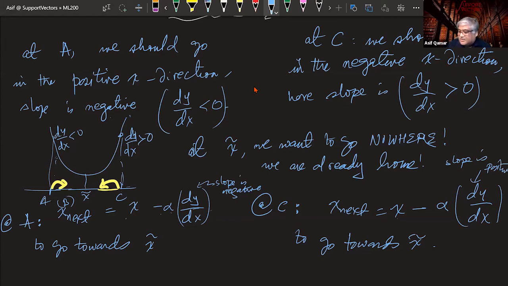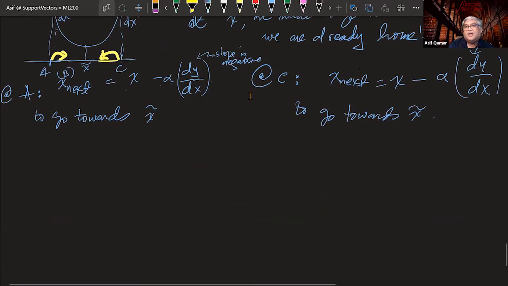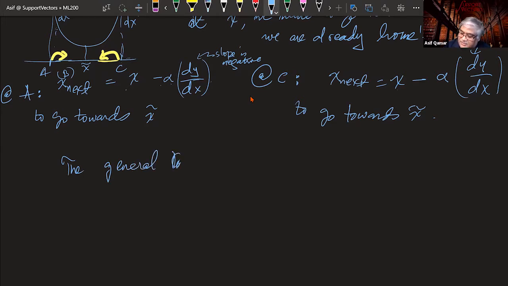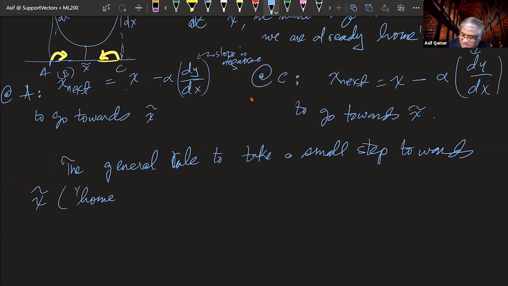And so you realize that irrespective of where you are, on the increasing or decreasing slope, the general rule to take a small step towards home, towards x tilde, is that your next value of x should be the previous value of x minus some small fraction of the dy/dx.